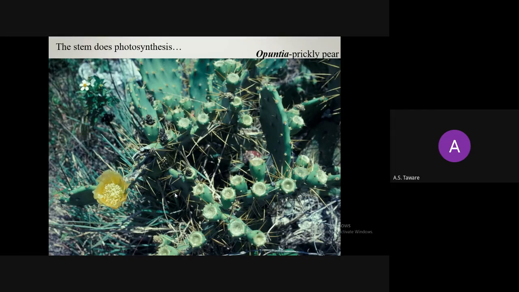So it also does photosynthesis. As they are green in color and the leaves are reduced to thorn-like structures, the photosynthesis function is done by the stem. Generally, the stem is not doing photosynthesis. Generally, photosynthesis is the function of the leaf.